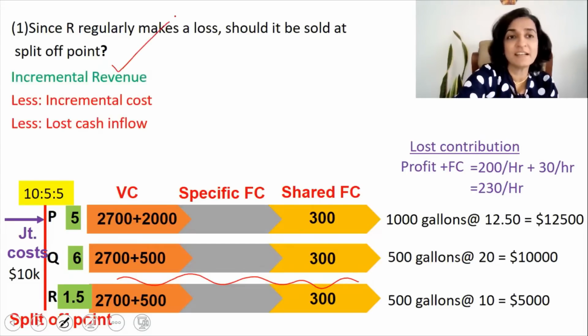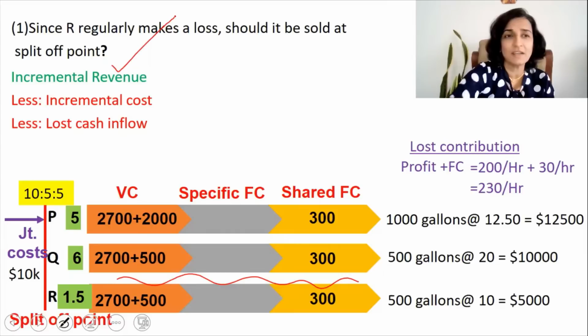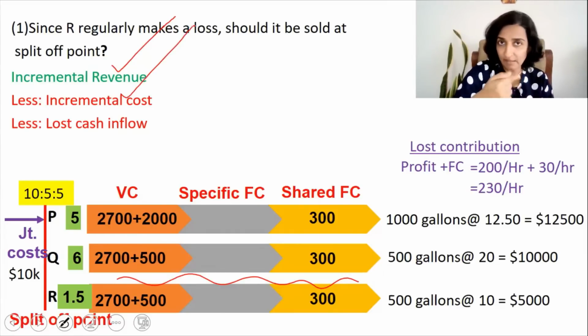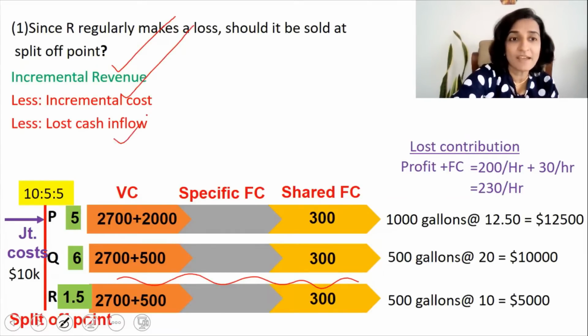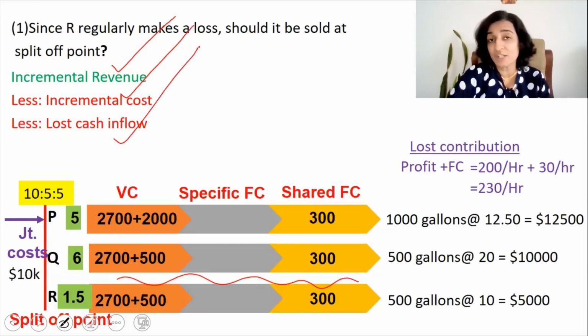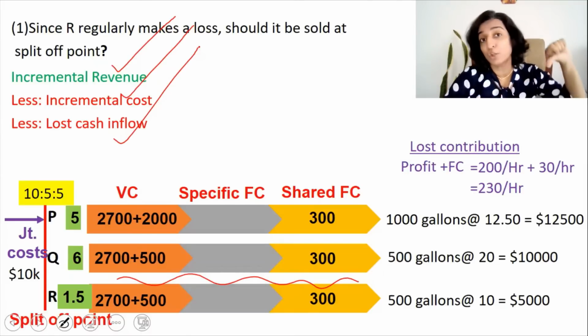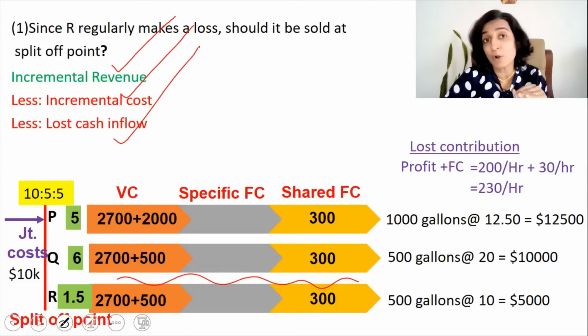We have to first take the incremental revenue of processing. From that, you reduce the incremental cost. And from that, you have to reduce the lost cash inflow. The final figure that you get, if it's positive, then further process. If it's negative, you should not further process and the product should be sold at split-off point.